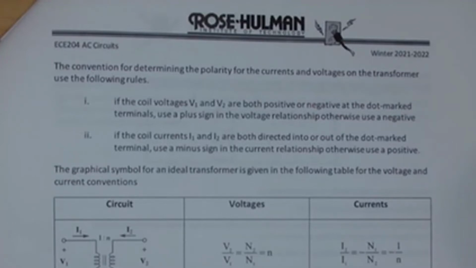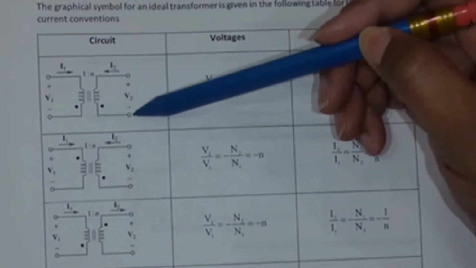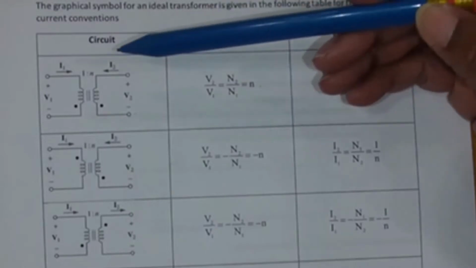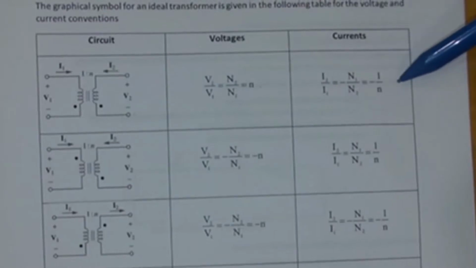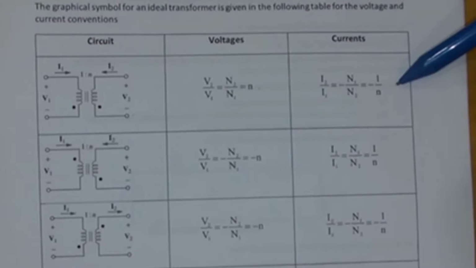So this graphic shows the 4 possible orientations for that. So up here, both of my voltages are negative at the dot, so this relationship is positive. Over here, both currents are leaving, so the current relationship is negative. This is based upon the rules at the top of the table.